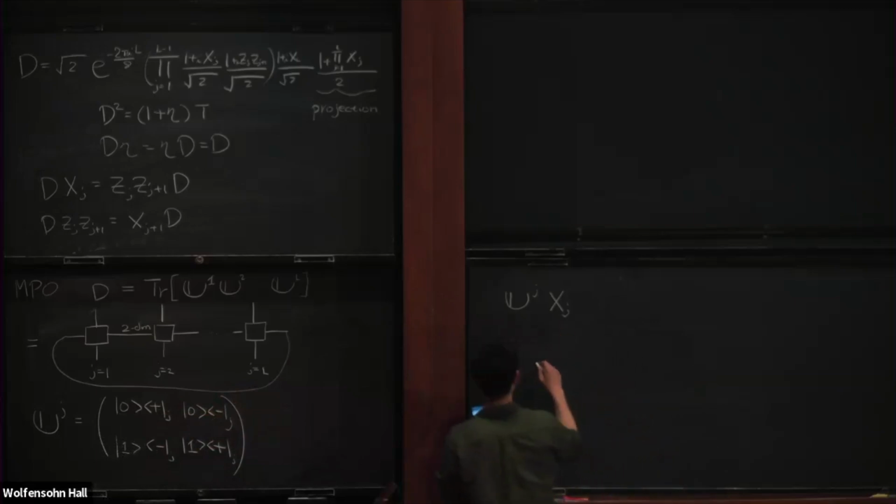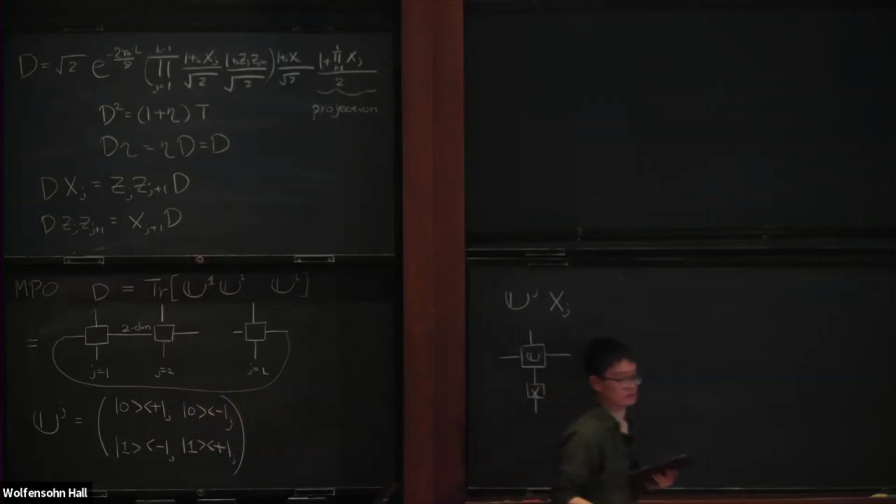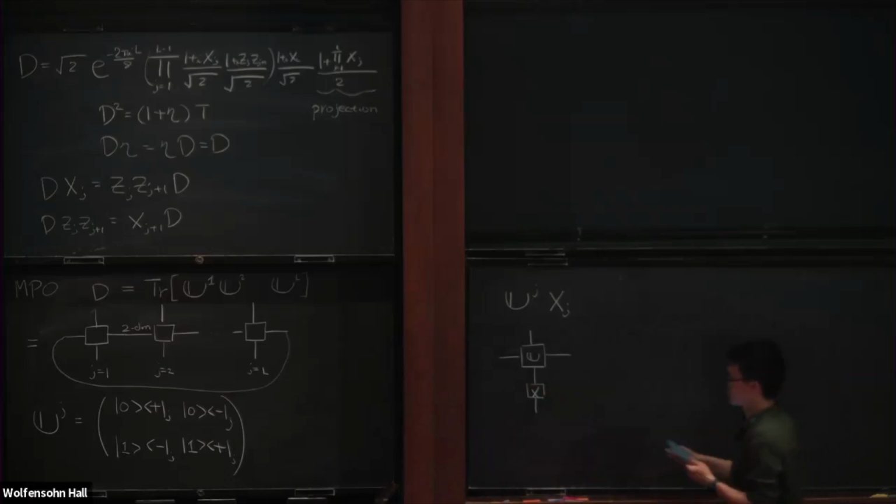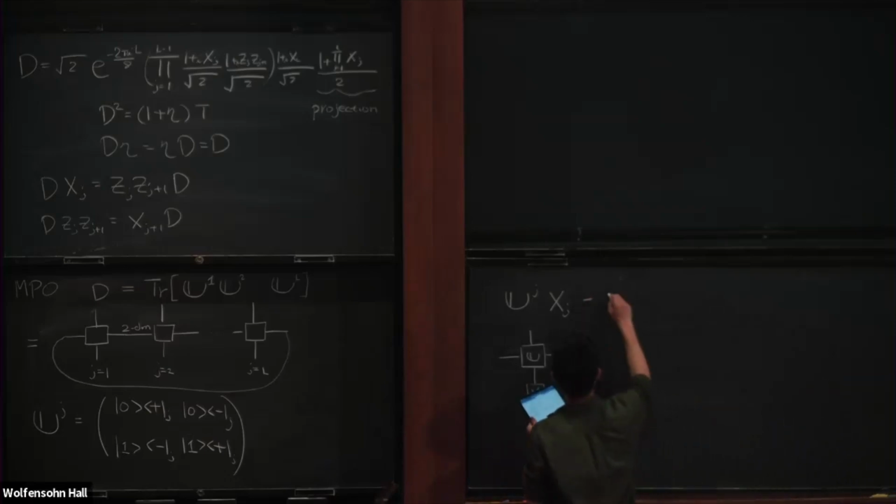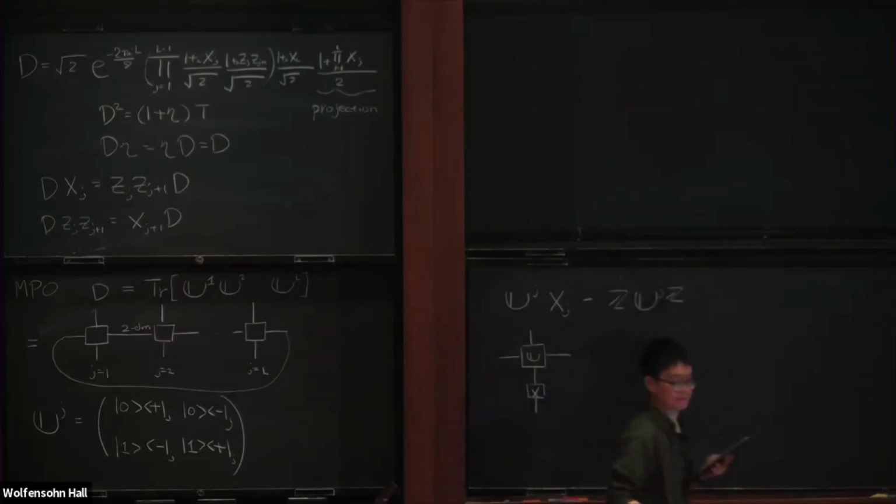And graphically, you can write this in the following way. This is the U tensor that I have. And you put the X operator from below. And you can convince yourself, it's just a one-line calculation, that this equals this.